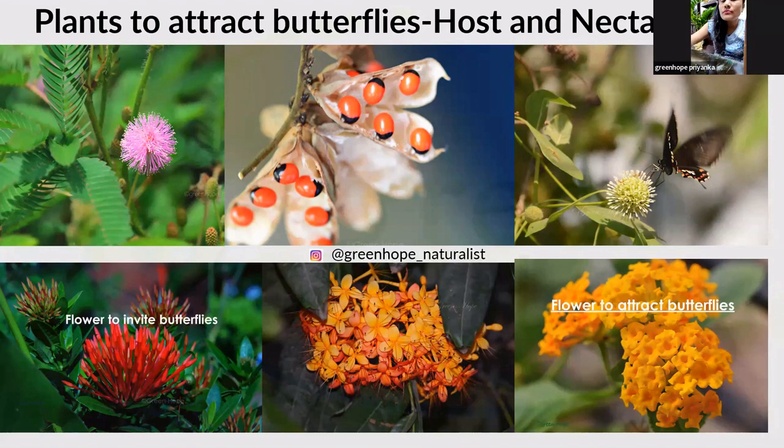Next slide. Here I have included some of the plants which I observed on my window itself, and I'm going to tell you the names of the plants.